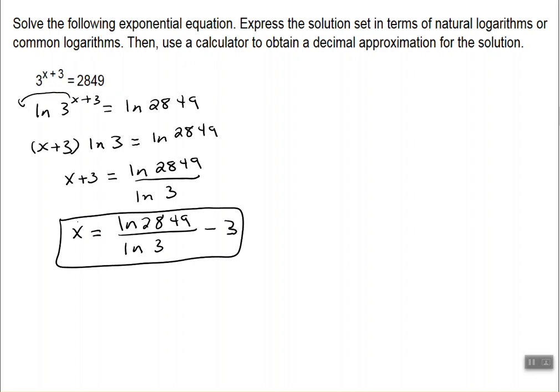If it wants a decimal approximation, again, you would do that in your calculator. Let's see what that is. And that will be approximately 4.24.